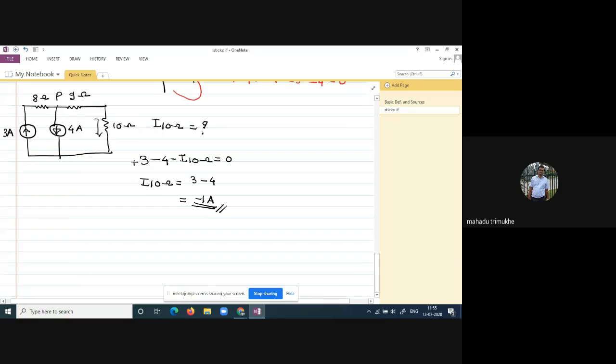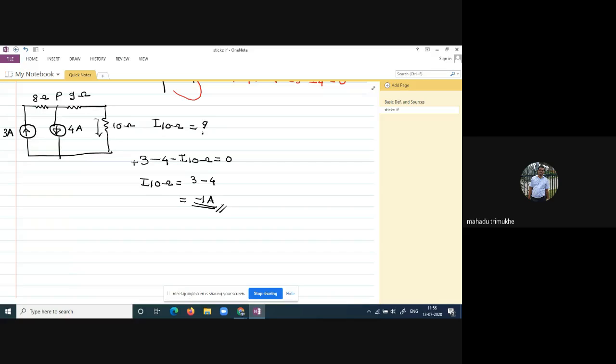It's very simple. There is no logic. Just keep in mind the concept of KCL: the positive sign is for incoming and the negative sign for outgoing. It is very useful for nodal analysis.